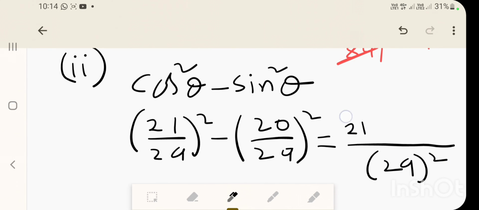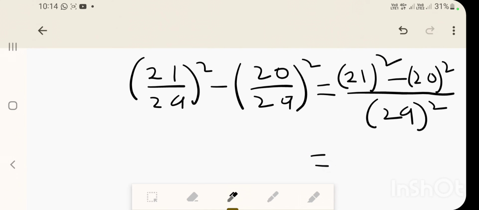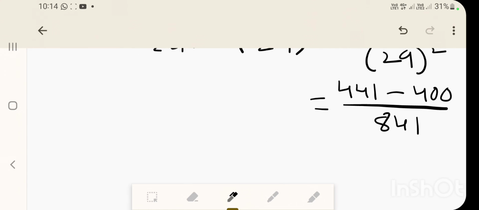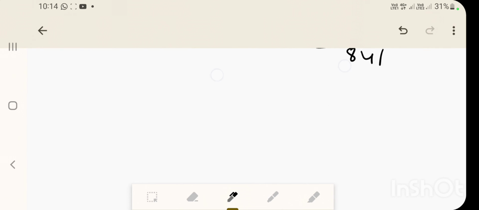Here we get 21 square minus 20 square. 21 square is 441, and 20 square is 400, divided by 29 square, which is 841. So we get 441 minus 400, that is 41 by 841. This is the answer for cos square theta minus sin square theta.